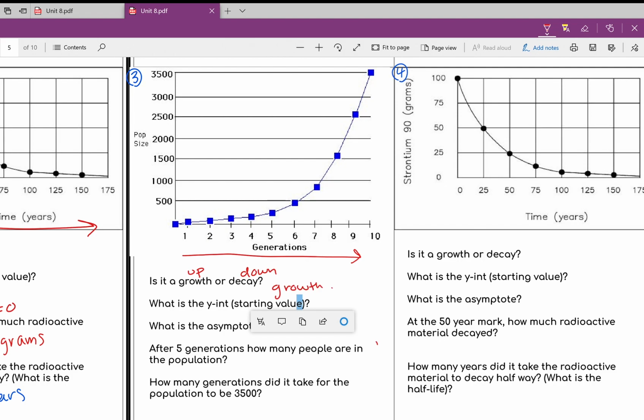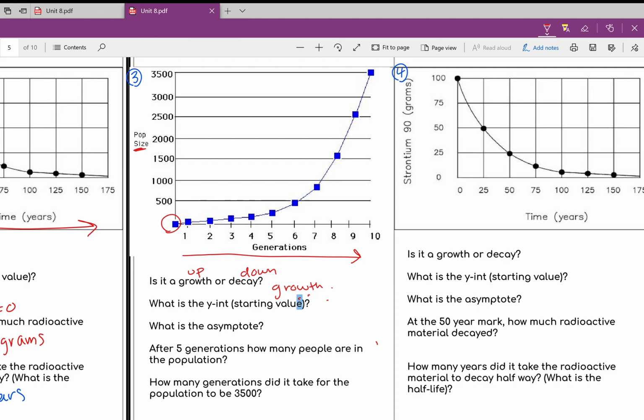Okay. Then it says, what is the y-intercept or the starting value? So we're going to look at the y-axis over here, which is again talking about population size. And it looks like our blue line again starts at a 0 population. So our y-intercept or our starting value is at a 0 population.